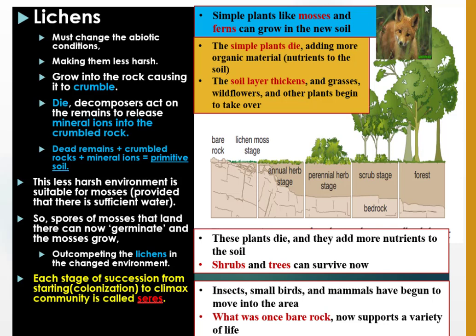When these lichens die, decomposers act on the dead remains and release mineral ions that were confined within the body of lichens into the crumbled rock. Then primitive soil develops from the dead remains of lichens, the crumbled rocks, and the mineral ions released from the crumbled rock and dead remains.